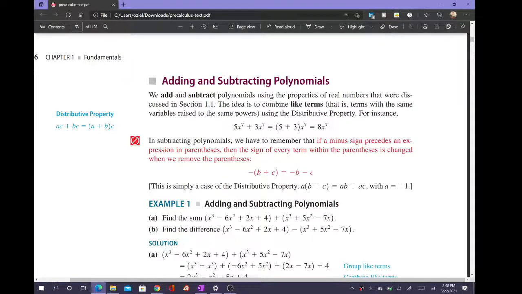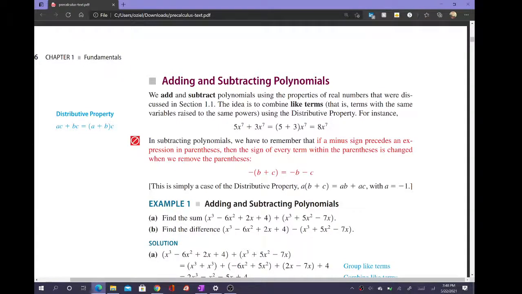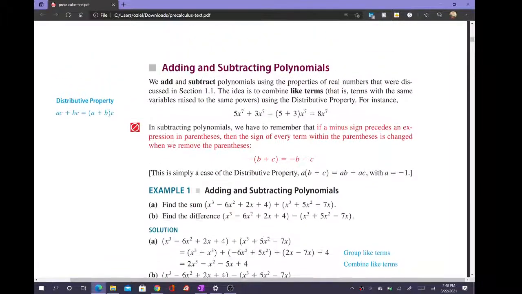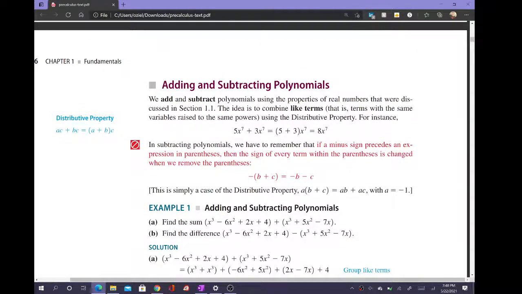And this is a very special rule, because basically, it's the distributive property. That's something that you will use time and time again in your future math classes, and it's so important to understand how it works, right? All right. So let's go over a few examples of adding and subtracting polynomials.